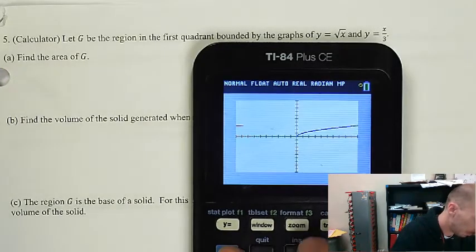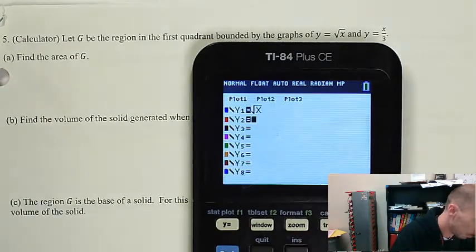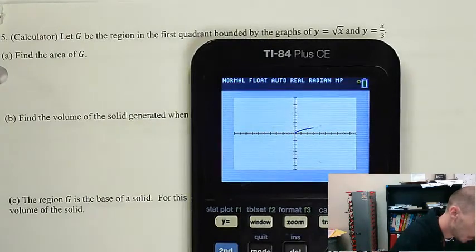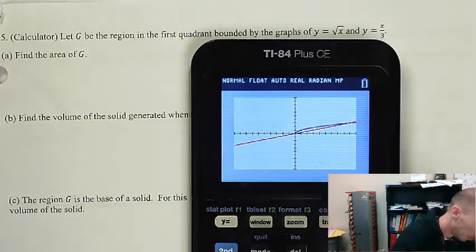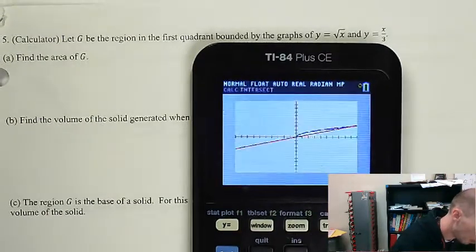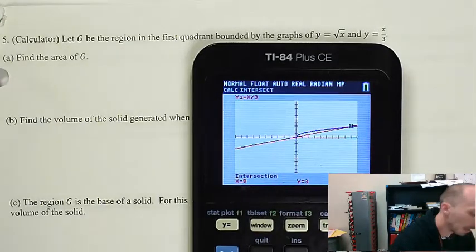No, that's not what it is. 1/3 x, so x divided by 3. It's going to intersect at x equals 9 and y equals 3. I guess if you got a calculator, you might as well just figure out where that happens, but yeah, 9 and 3.